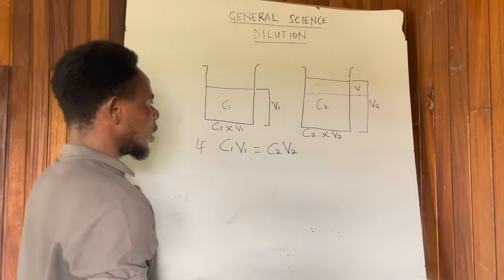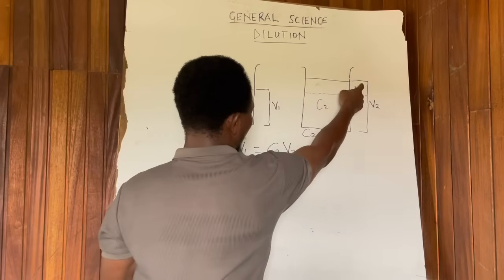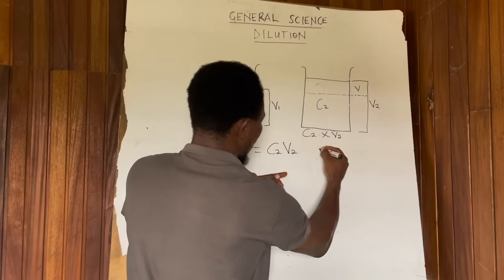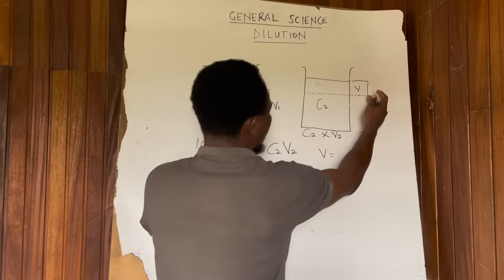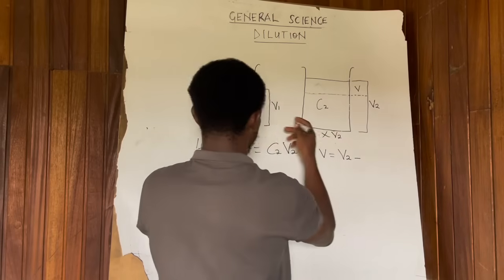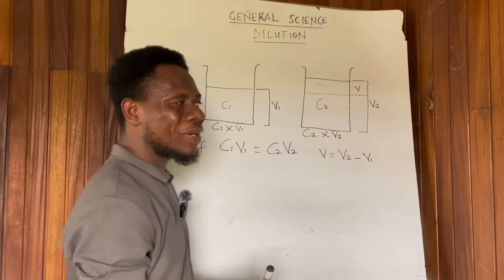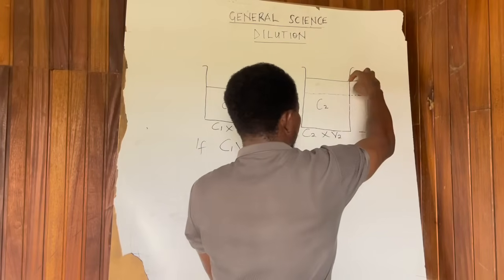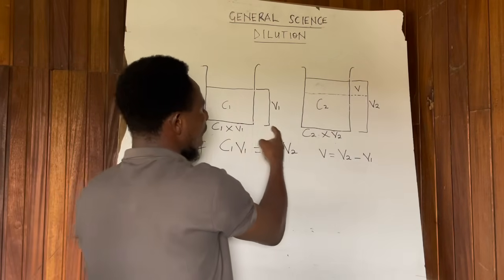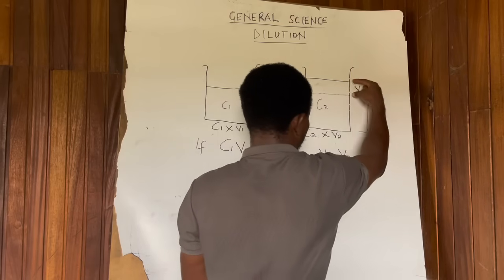Now, if you want to find the amount of water which was added here, we can say that our H2O is equal to my final volume, which is V2, minus my initial volume, which is V1. This means if I subtract the initial volume from the final volume, I am going to get this portion.